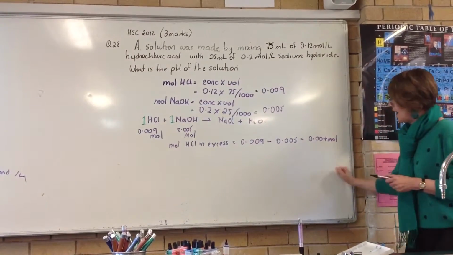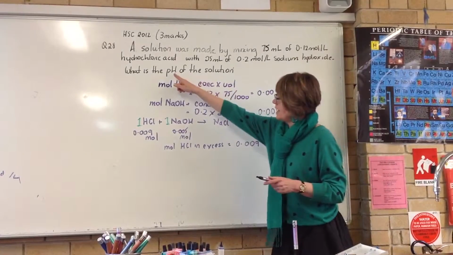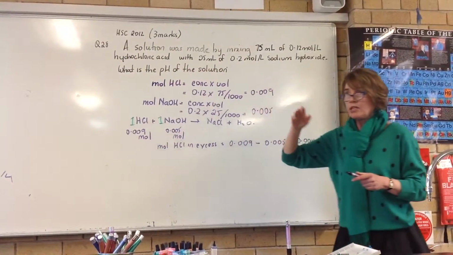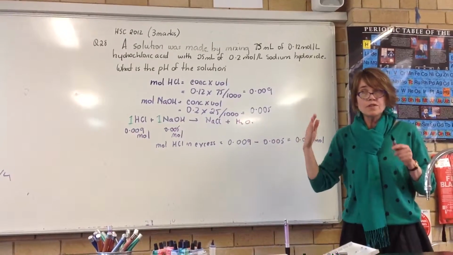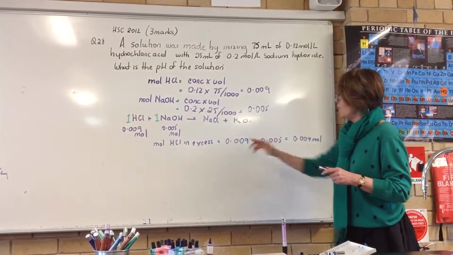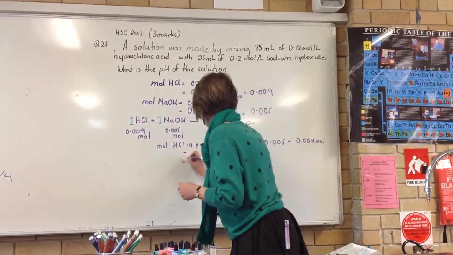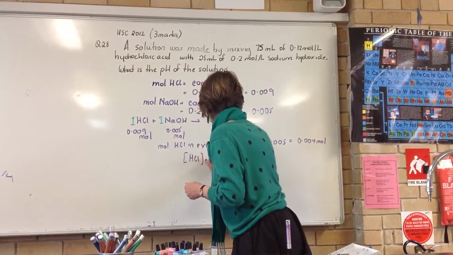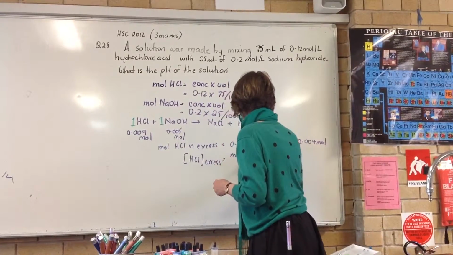Now, we've really done the hard yakka, but we need to get it in a form where we can find our pH. And pH is minus the log to base 10 of our hydrogen ion concentration. So we have to convert moles into concentration. So our concentration of HCl that's in excess would be equal to our number of moles divided by the volume.